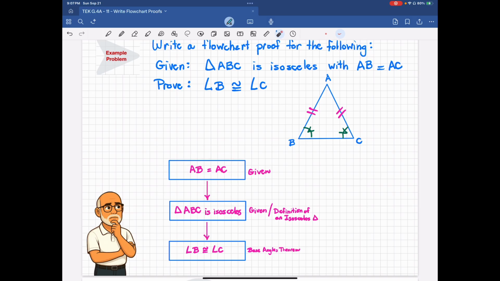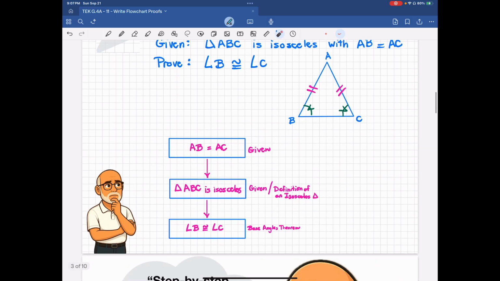So moving from these two statements, we're going to go down to our third statement, which is angle B is congruent to angle C, and that's called the base angles theorem. So we know, looking back up here at our drawing, that the angles across from the congruent sides have to be congruent. So angle C is across from AB, and angle B is across from AC.